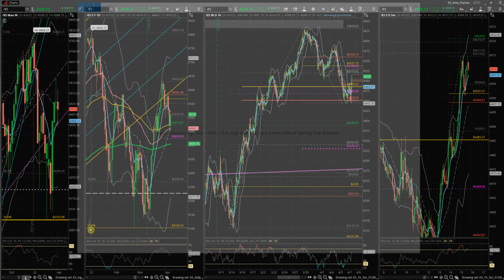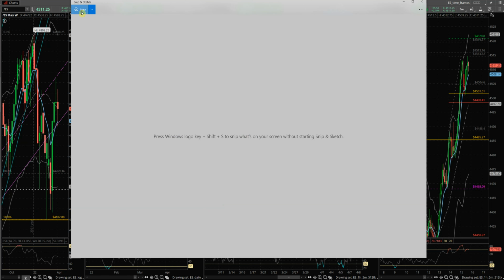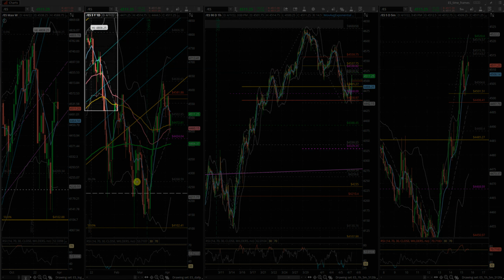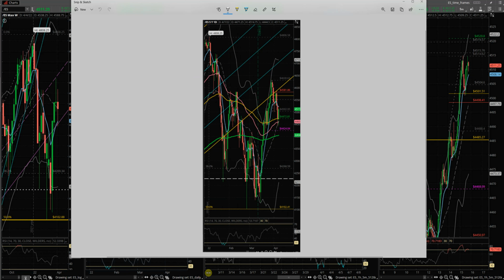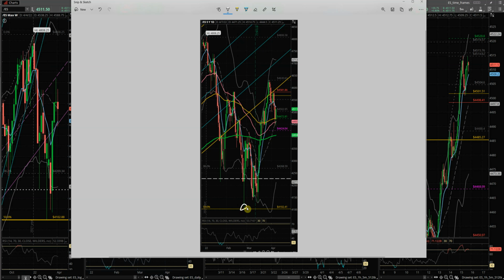On ES, it doesn't even matter whether you're long term bullish or bearish. This is the daily chart right here, and this was the low that actually bounced off of the 2020 highs to highs weekly extension. It doesn't matter if you think this is a 1 up and a 2 down and a 3 up, or whether you think this is an ABC and this is a bear market rally that's eventually going to roll over.